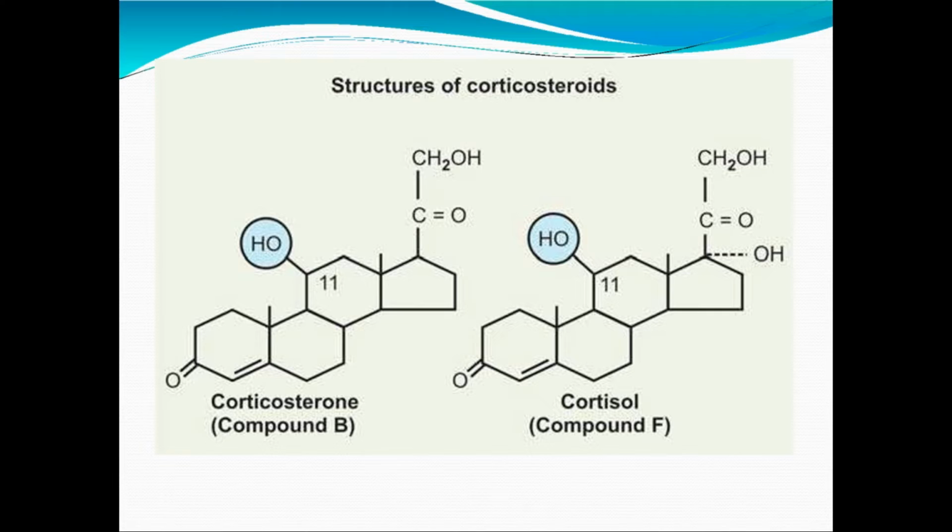The structure of corticosteroids. Corticosteroids are a class of steroid hormones which are released by the adrenal cortex and include glucocorticoids and mineralocorticoids. However, the term corticosteroids is generally used to refer to glucocorticoids most of the time, named for their effect in carbohydrate metabolism.